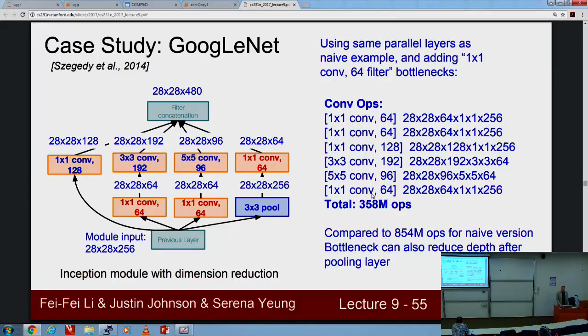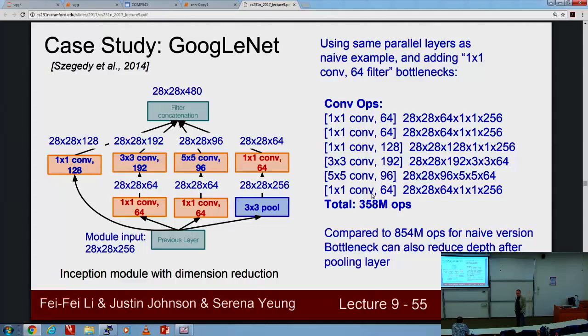What about using fewer filters in the 3x3 convolution, why don't we use a smaller number of output filters? That's another way to reduce the dimensionality.